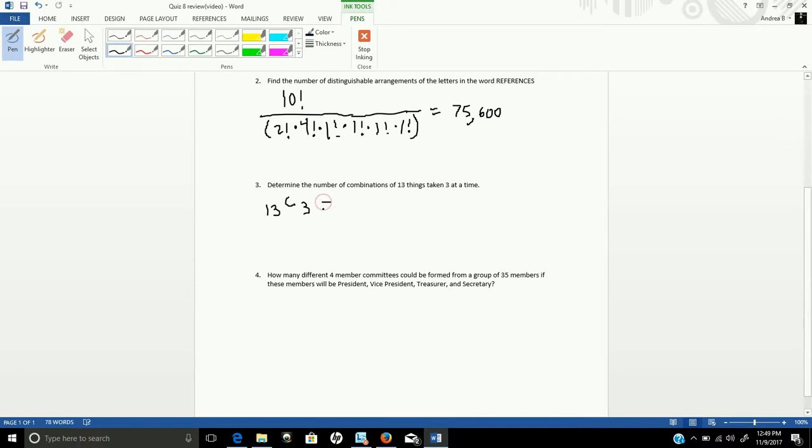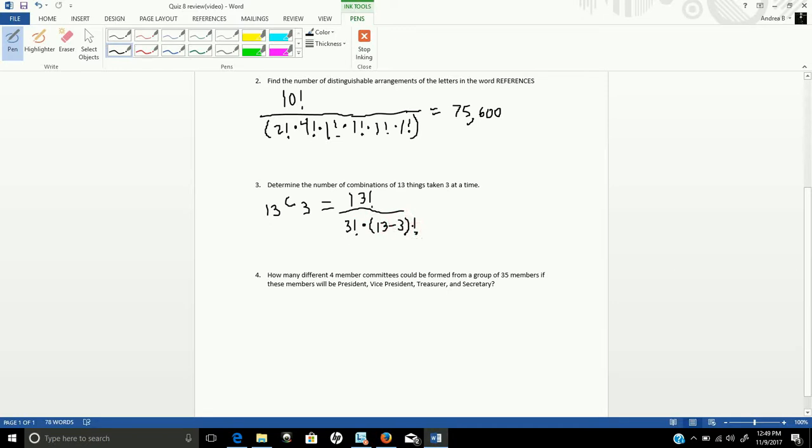And for these permutation and combinations ones, like I've told you guys in class, you do want to make sure that you're writing out the formula there as well. So here, for instance, for combination, we'd have 13 factorial over, and then for this, we have 3 factorial, and that also times 13 minus 3 factorial.